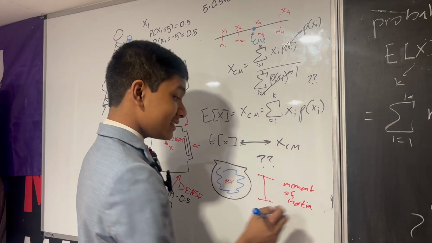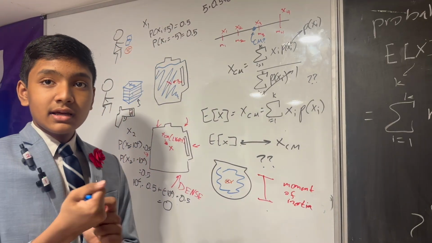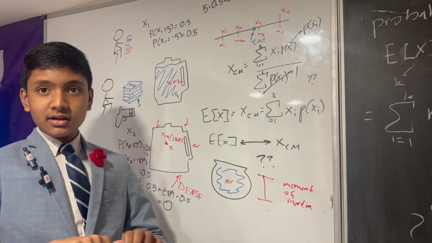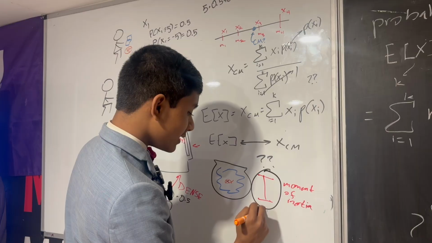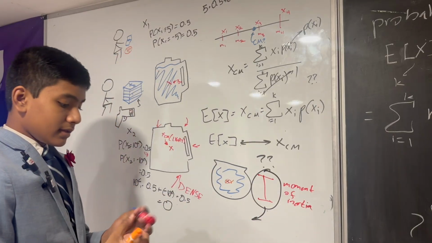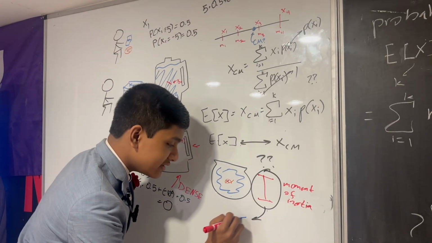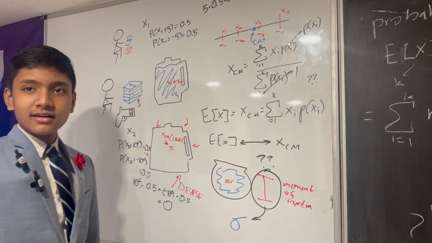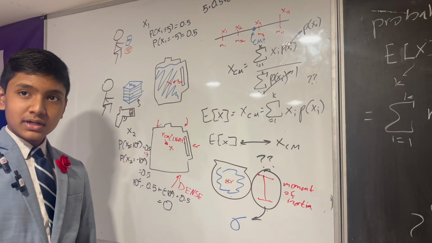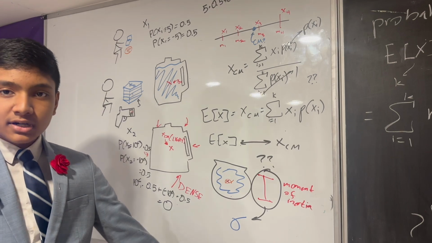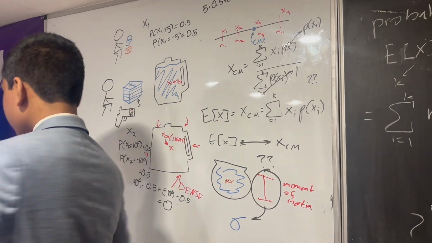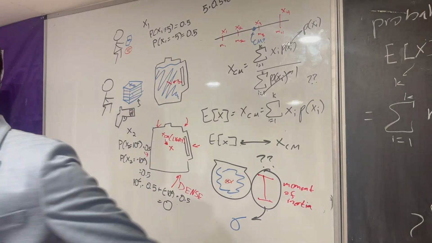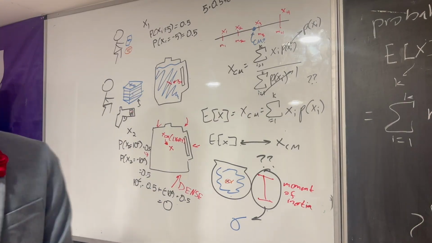And this is where the mind-blowing stuff comes in. Moment of inertia, its counterpart in probability is the standard deviation. Yeah, it sounds stupid, but it's true. The moment of inertia is all about, if I spread my hands out like this, I have a much higher moment of inertia than if I put them in like this.